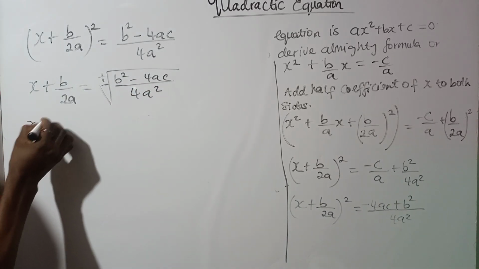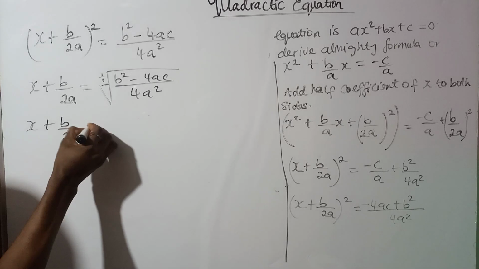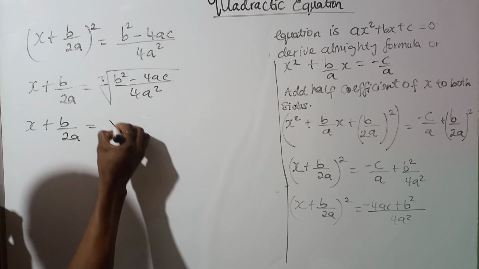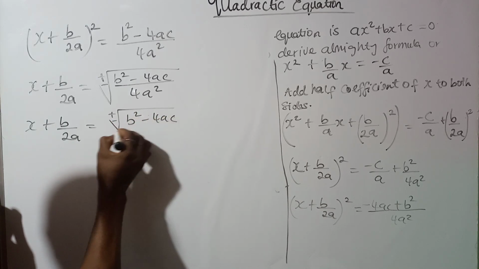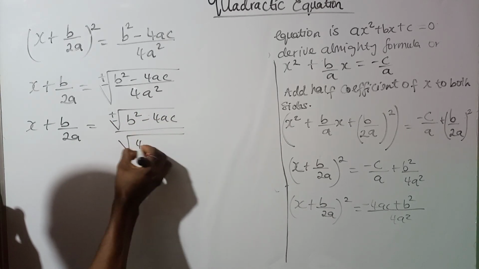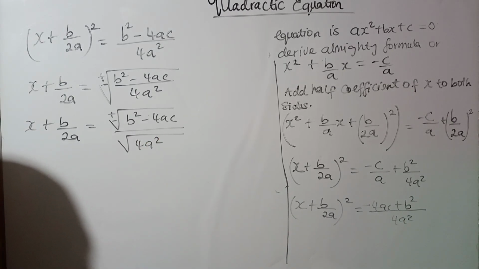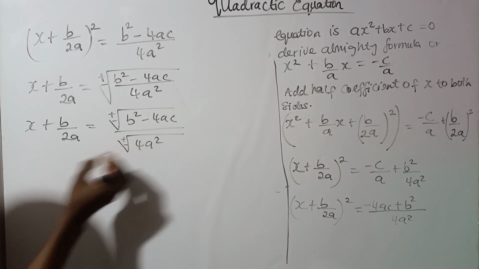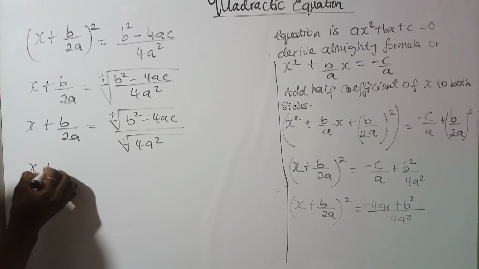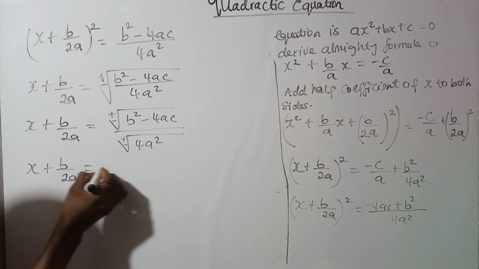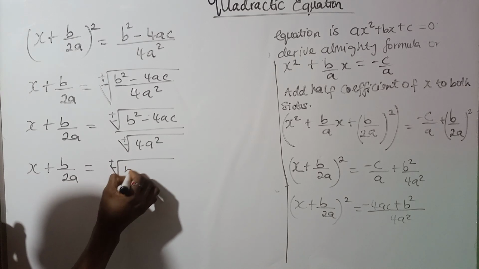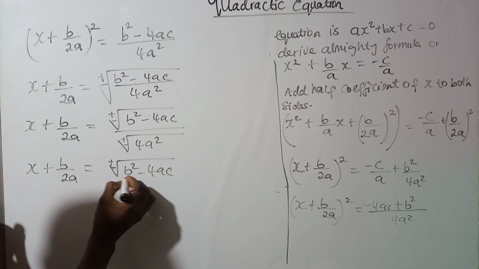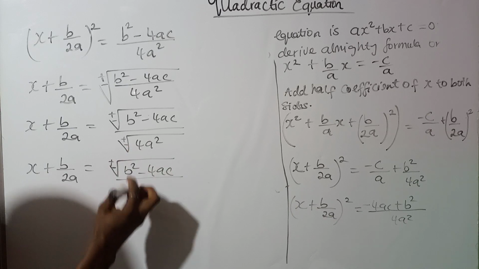So we are going to have x plus b over 2a equals, can I write this thing as square root of plus or minus b squared minus 4ac all over square root of 4a squared? They are still the same thing, applying the division rule in square roots. Remember, plus or minus, we are going to have x plus b over 2a equals square root of plus or minus b squared minus 4ac all over, square root of 4 is 2.